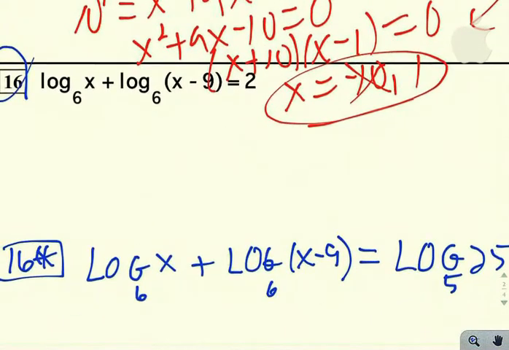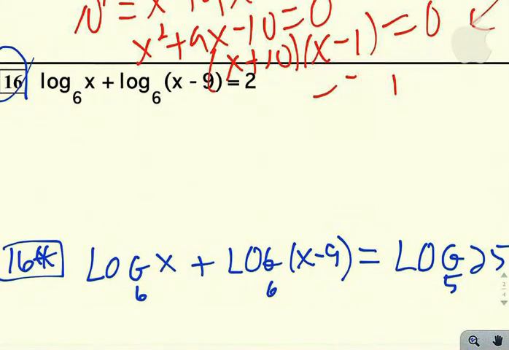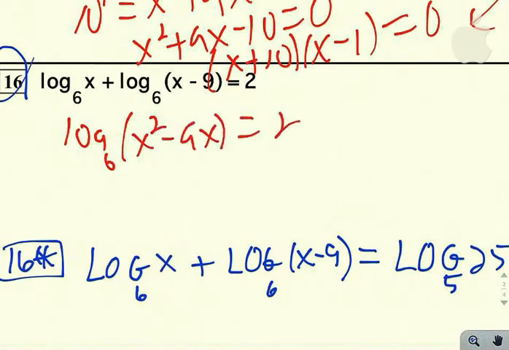Number 16. This would be log to the base 6 of x squared minus 9x equals 2. So 6 squared is x squared minus 9x.